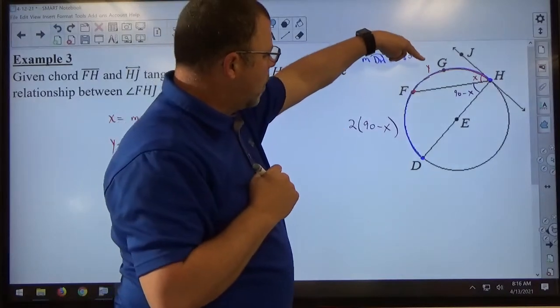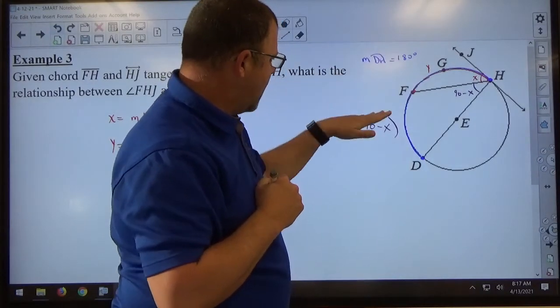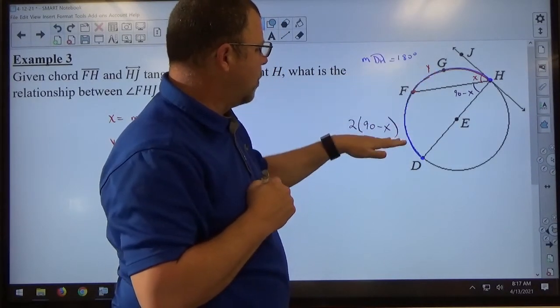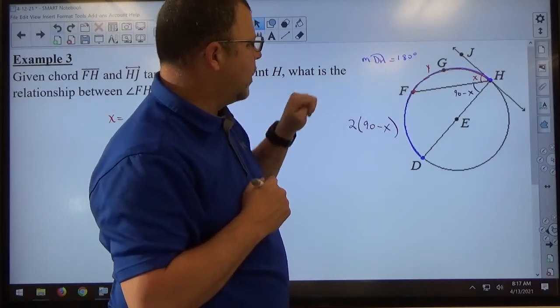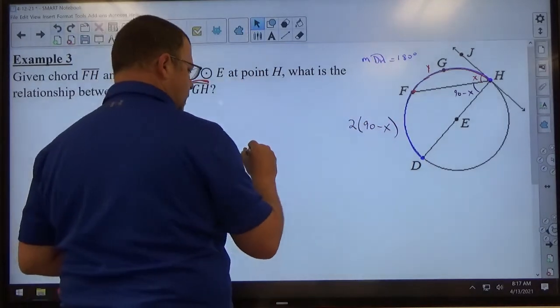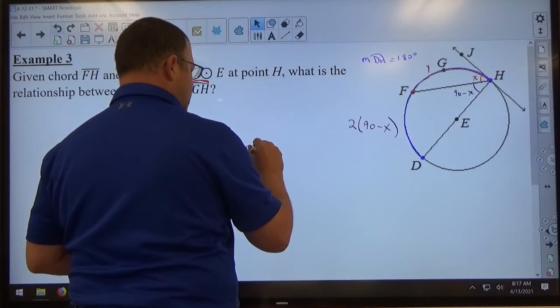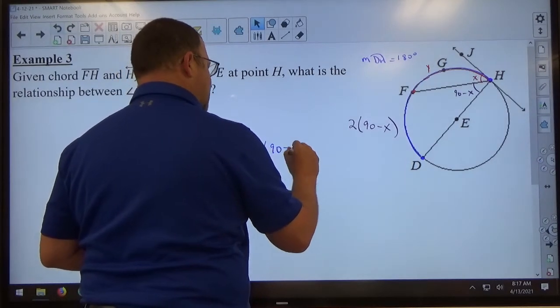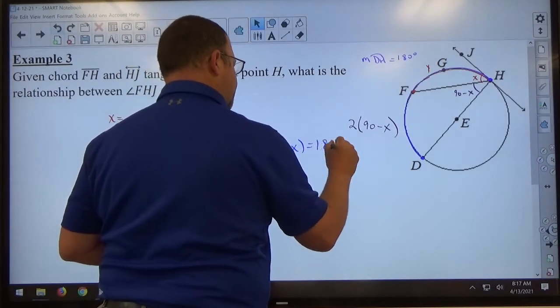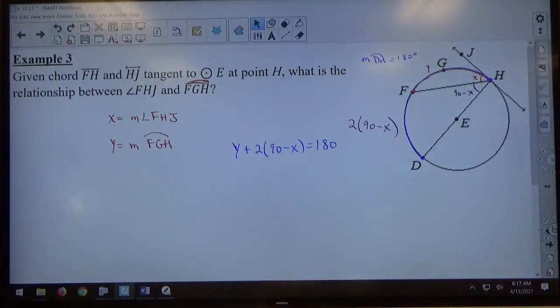So the two arcs, y and 2 times (90 minus x), have to have a measure of 180. If I write an equation, it's going to look like this: y plus 2 times (90 minus x) is equal to 180. At this point, I've got x and y in the same equation, so I'm going to solve for y or x, take your pick.